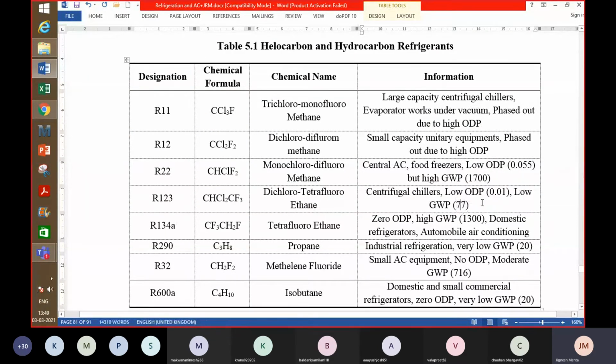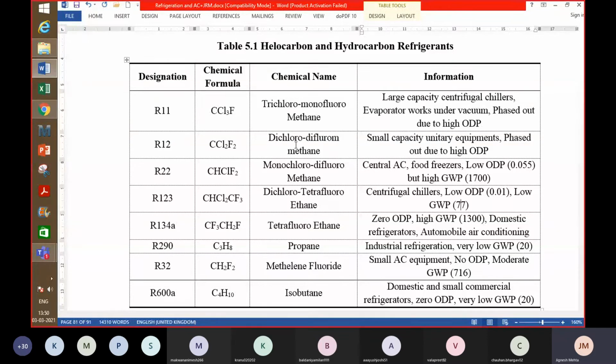But now even this ODP is not considered to be acceptable, and this will also not survive long in the market, or will be phased out to a great degree, or yeah, phased down.